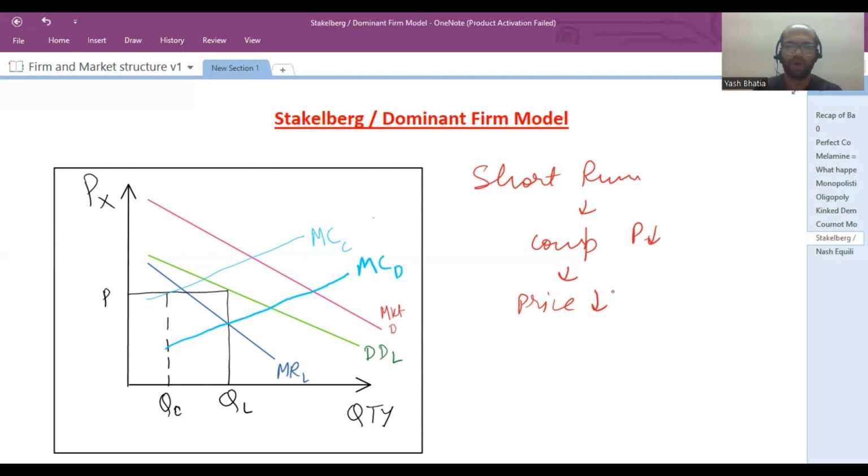So you are not able to operate at lower cost only, because if a competitor reduces the price of its products, the dominant player will also reduce its prices, and this will lead to increased losses of the competitors. Okay, so this is all about the Stackelberg or dominant firm model.